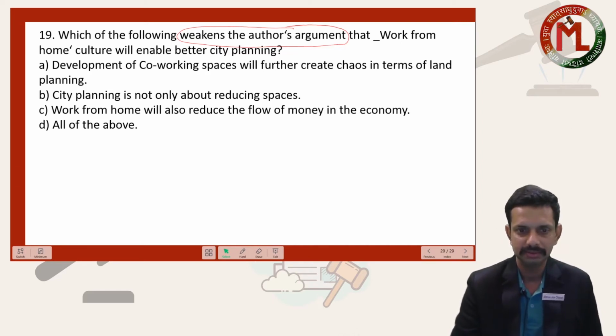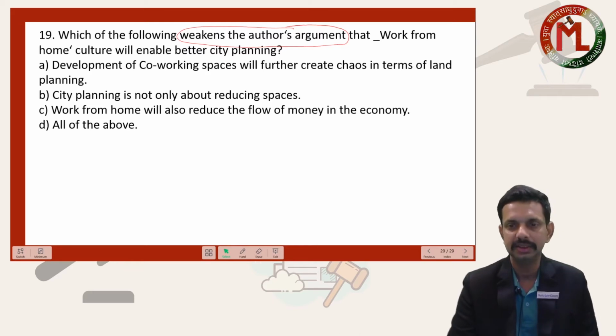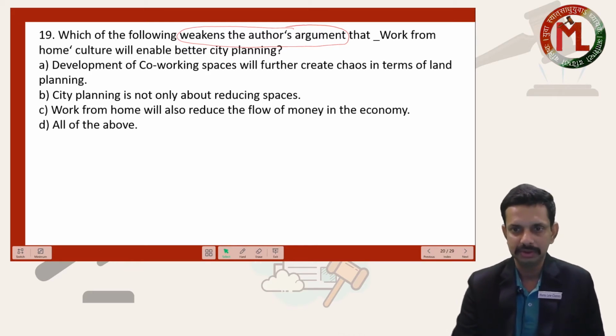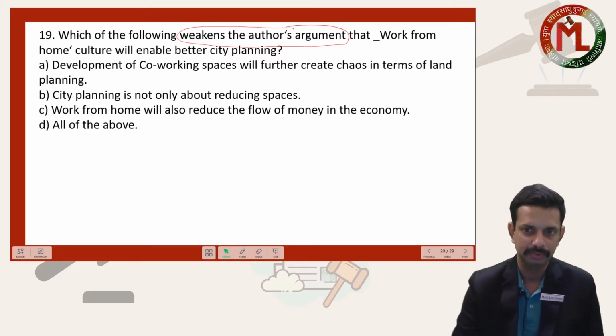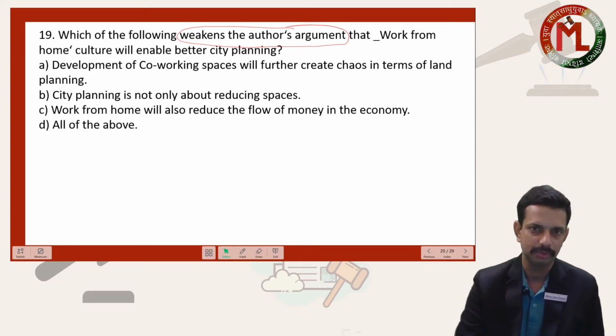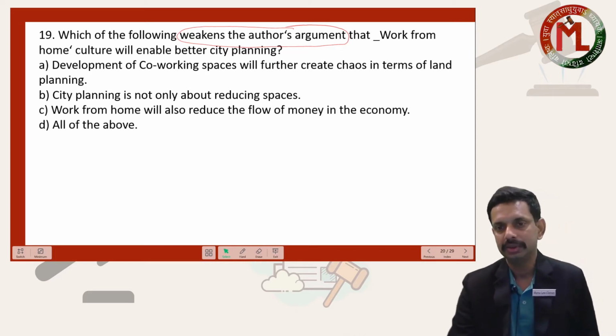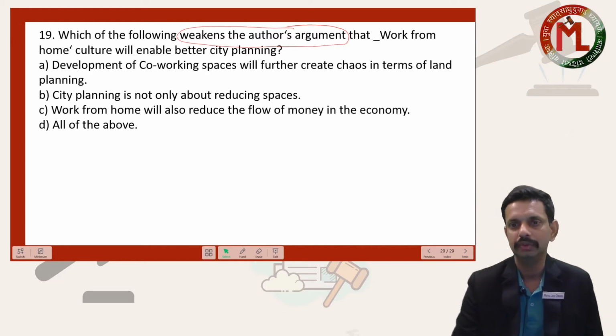Is it clear, guys, that to understand the weakening or strengthening of an argument, we need to understand its structure? We need to understand how we can make a strong argument, or how we can make a weak argument.